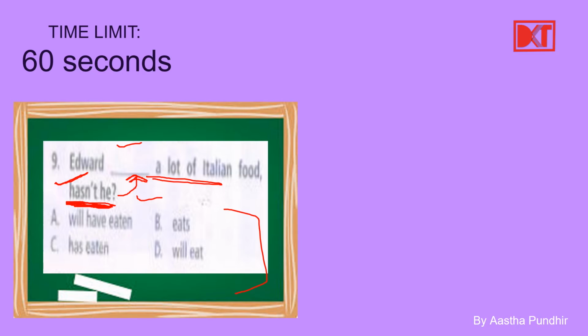So here the auxiliary verb is has. Accordingly, which of the options has? C. Edward has eaten a lot of Italian food, hasn't he? So this is pretty easy. The correct answer is C. You just have to do this backward conceptual thing from hasn't he, the question tag, to the option. All right.